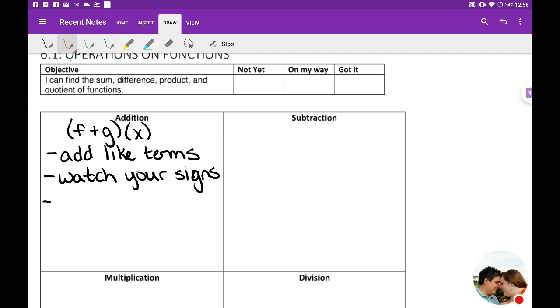That only happens when you're multiplying the terms together. And then finally, just remember your order of operations.